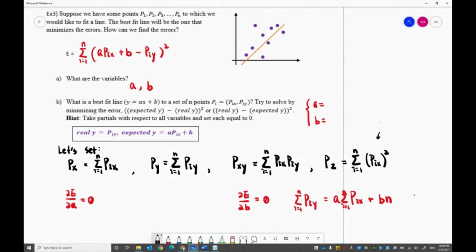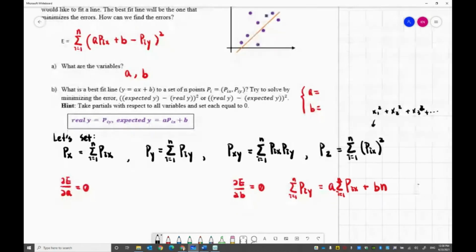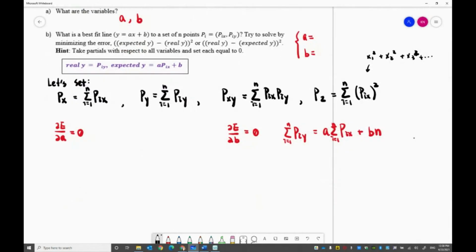This means x1 squared plus x2 squared plus x3 squared and so on, not the square of the sum. After I set these, I can rewrite partial e with respect to b equals 0 as p sub y equals a p sub x plus b n.